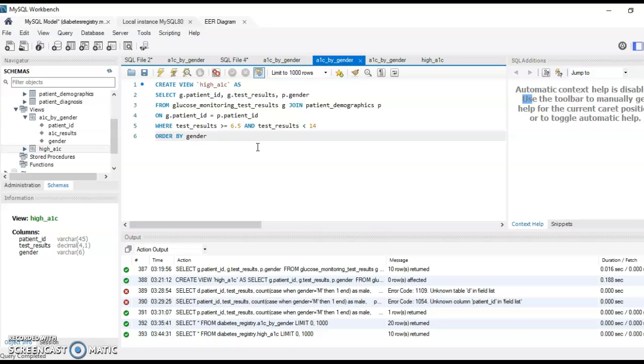I put that the results can be greater than or equal to 6.5, and the test results should be less than 14, because like I said, the results table also has blood glucose levels as well. So I put that in to make sure it didn't also include those results.